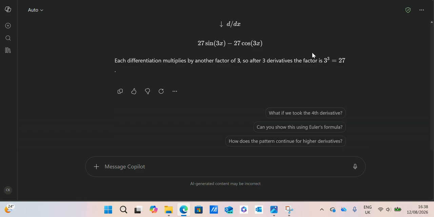I was right. I don't know why. I was right. I just had them the other way around. I had minus 27 cos 3x plus 27 sine 3x, which is the exact same as 27 sine 3x minus 27 cos 3x. That one slipped by me a little bit.